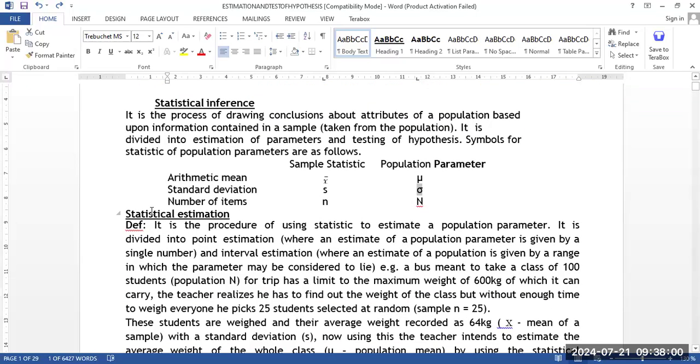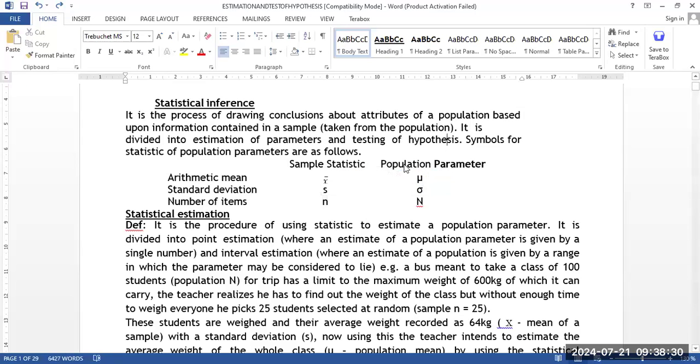But the pronunciation doesn't matter. What matters is knowing the sign. If it comes to mean, we use this X bar. When it comes to population, we use mu. Okay? And with samples, the number of items, if it comes to sample, we use n.